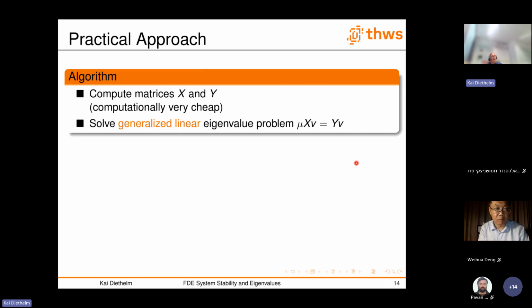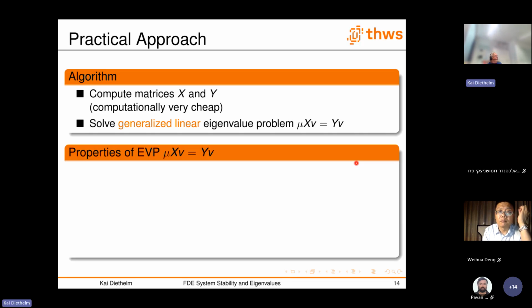So polynomial of degree 1. But dimension sigma times d. So we have to compute those matrices X and Y, and we have to solve this generalized linear eigenvalue problem, which is a standard task in numerical linear algebra for which algorithms are readily available.